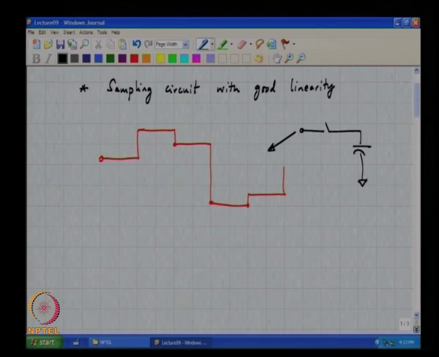In other words, would we still need a bootstrapped or a gate boosted switch? By bootstrap switch, I mean the switch where the gate potential is V in plus VDD.